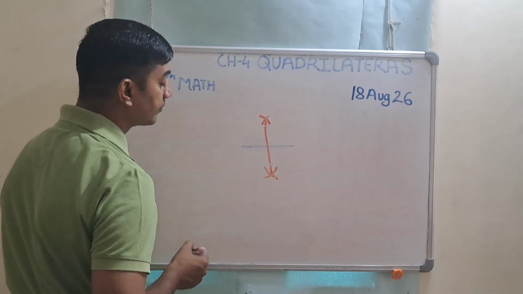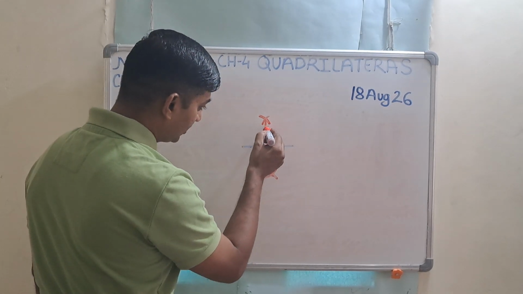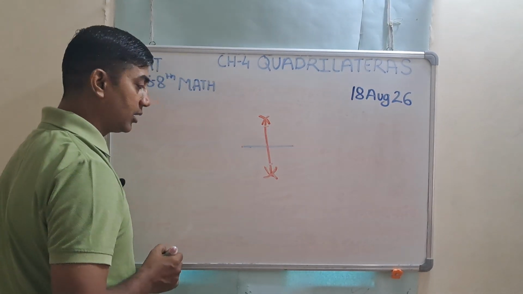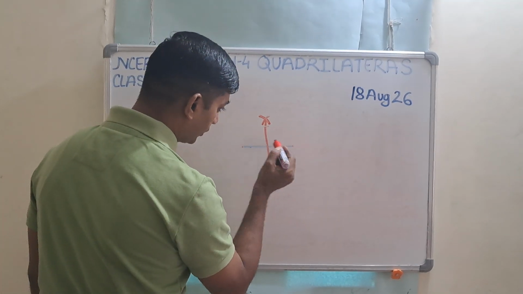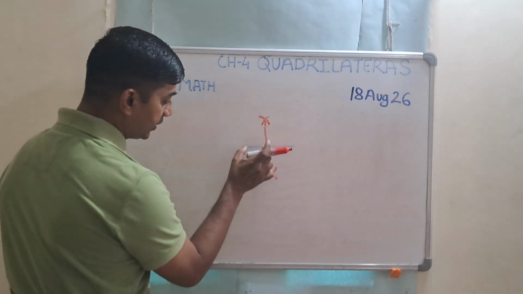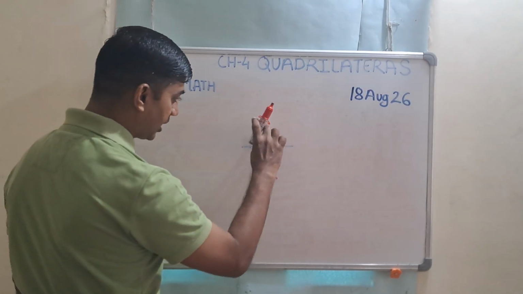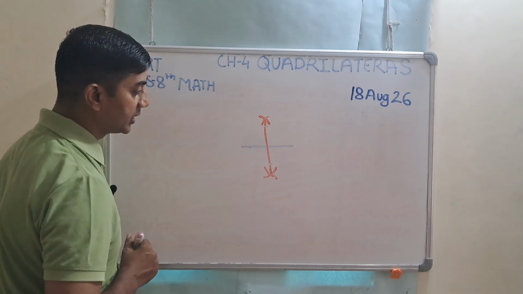this line segment, and this will act as another diagonal of the square, and the diagonal you have already made. The length of this diagonal is 6 cm. Since we have taken this as a radius and marked it, the length of this diagonal is also 6 cm.